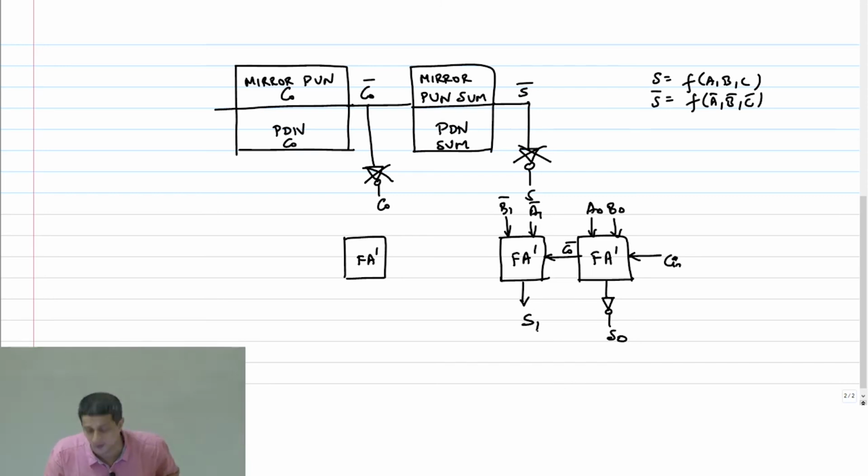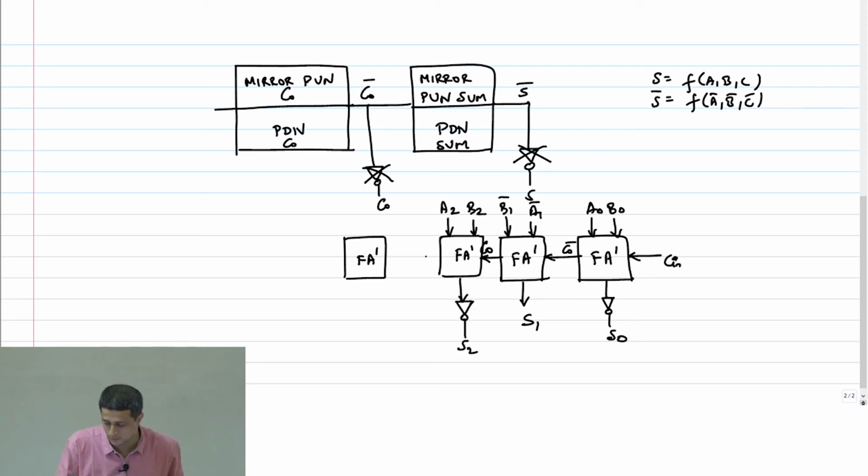So you will get S1. What about the carry out? Again, it is just C out, right? So the next stage, you can basically put a FA prime again, give the right inputs, A2, B2. And what you will get here, again you have to invert S2. And you do this.